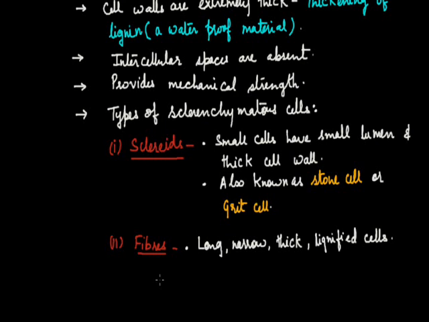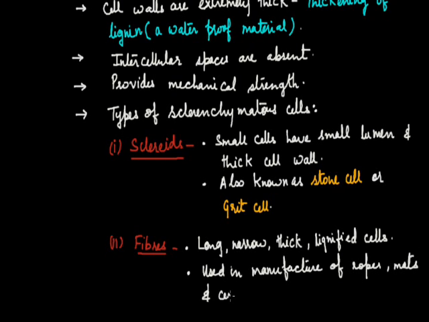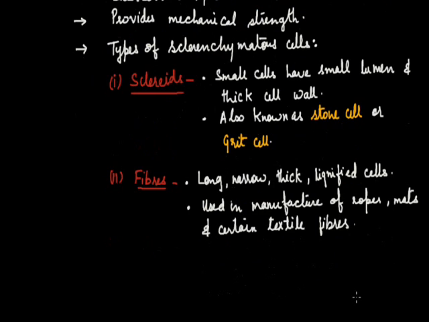Jute and coir are obtained from thick bundles of fibers. We have all heard about jute and coir; they are obtained from thick bundles of fiber.